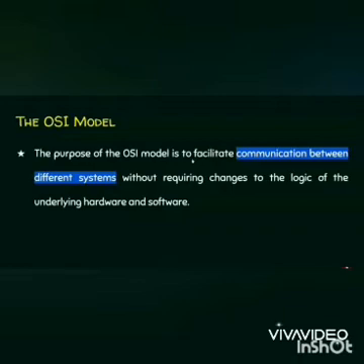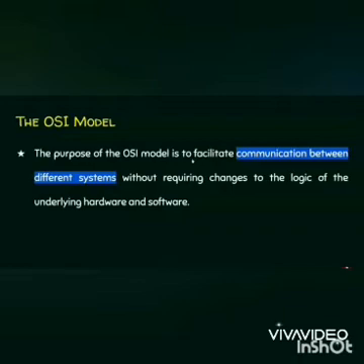We are going to establish communication between two different systems. Two different systems means two different computers with two different OSs, even two different devices with two different functionalities. So in terms of hardware it may be different, in terms of software also it may be different.